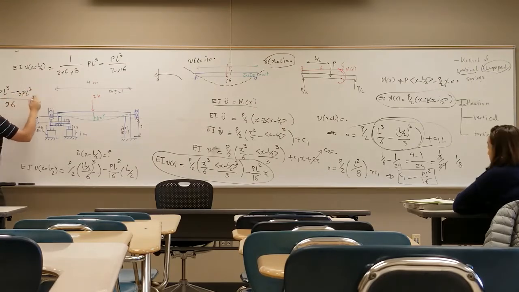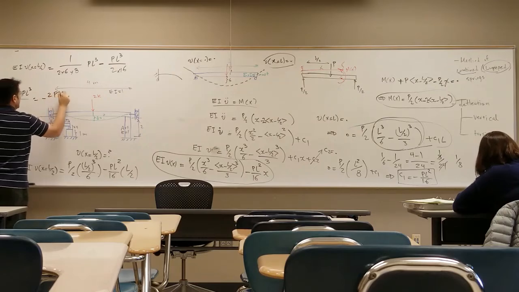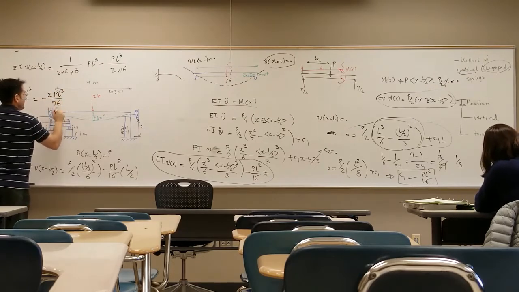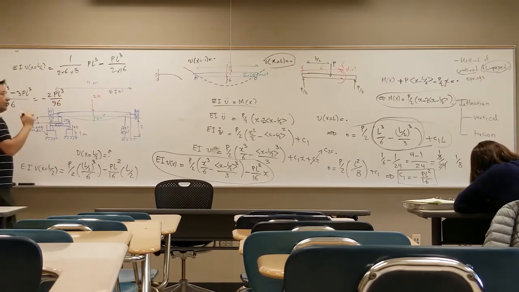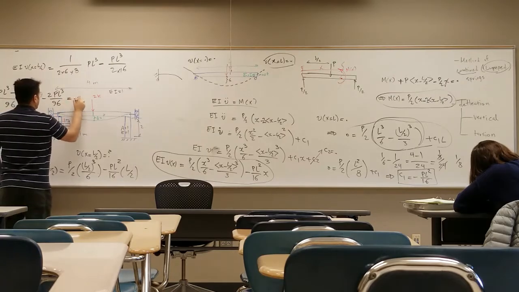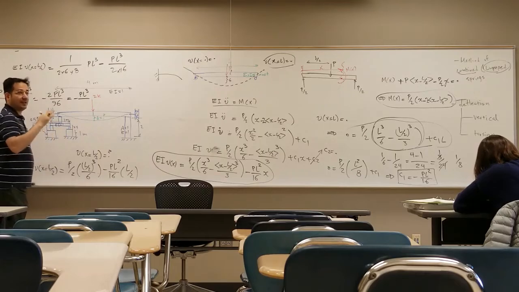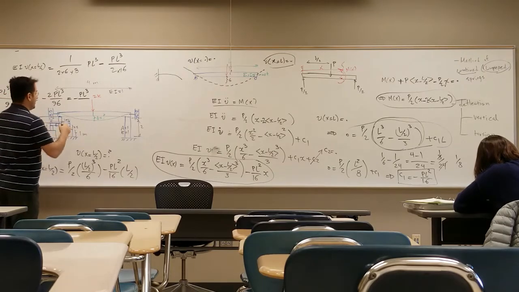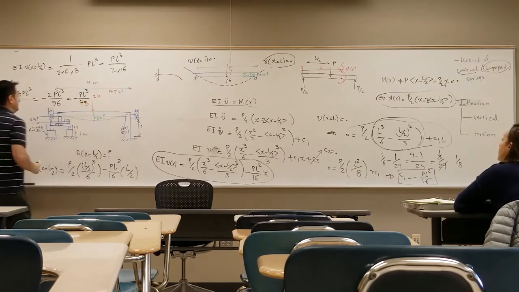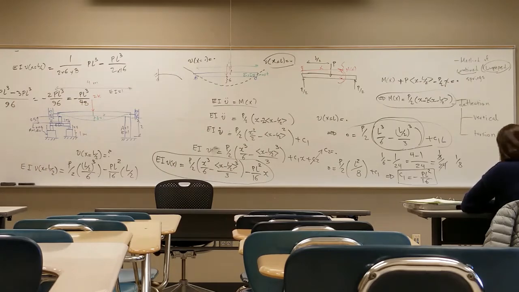So you get what? Negative 2 PL cubed over 96, or negative PL cubed over 48. Two times 48 is what? 96. So that's the equation you get at the middle.